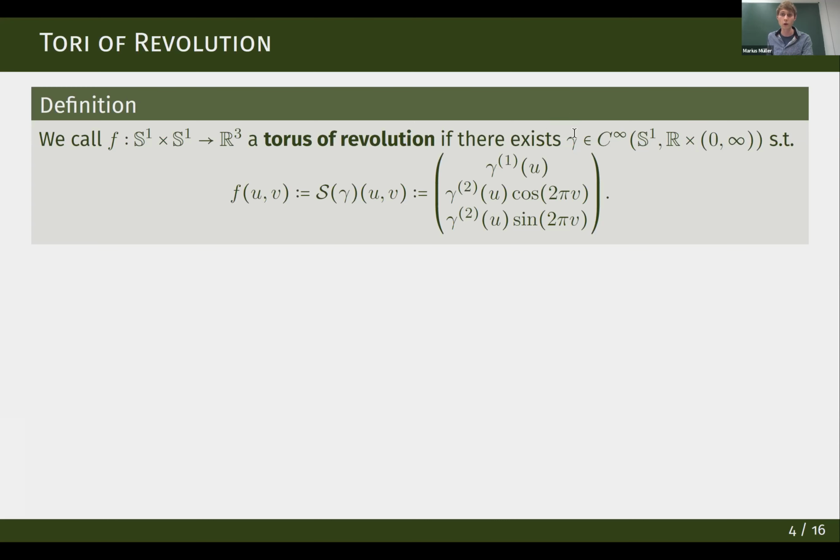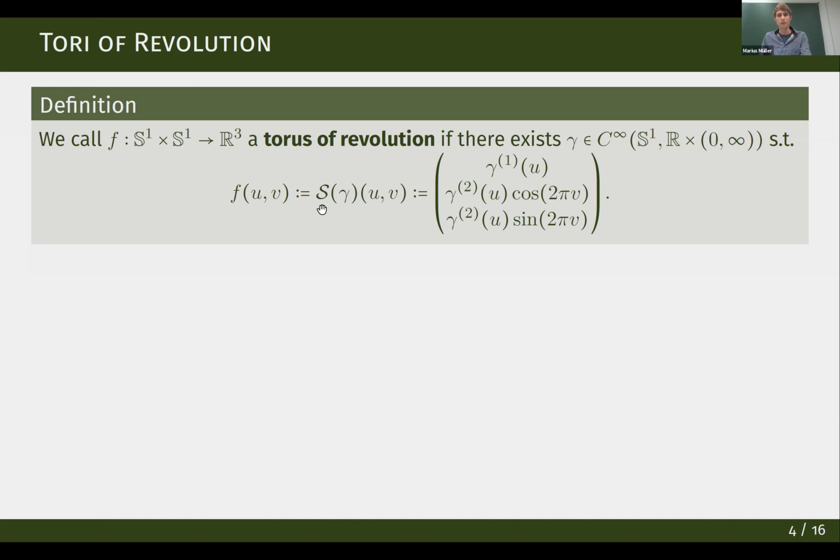So you take a closed curve in the upper half plane, and it needs to be closed, otherwise it won't be a torus, and it has to be in the upper half plane entirely. And then you revolve it, and what you get is a torus, because the immersion I wrote down here goes from S1 times S1 to R3, and this will define a torus of revolution.